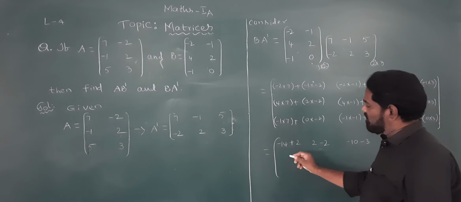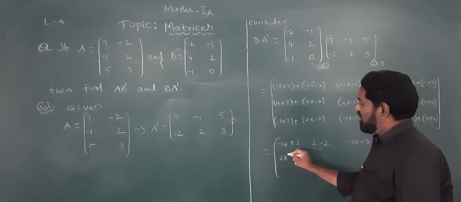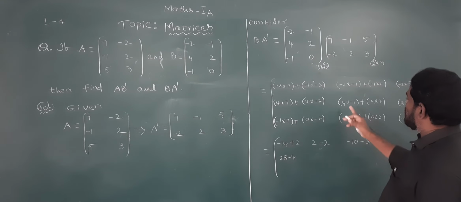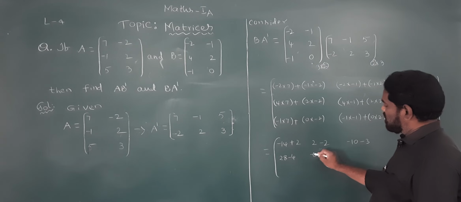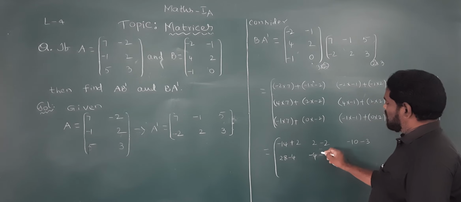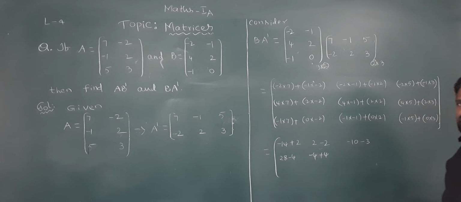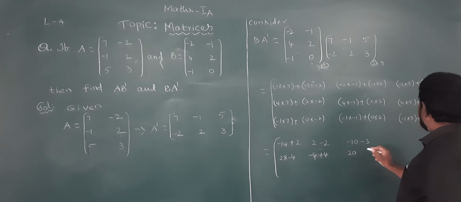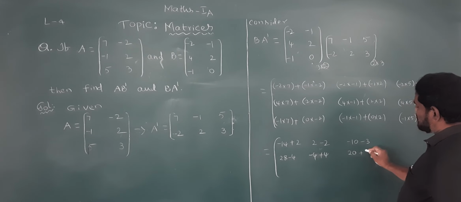Next, 4 into 7 is 28, 4 into minus 1 is minus 4, plus 2 into 2 is 4. 4 into 5 is 20, plus 6.